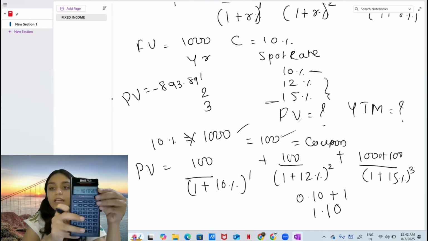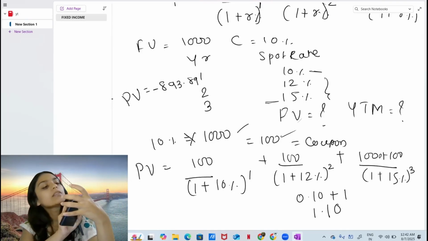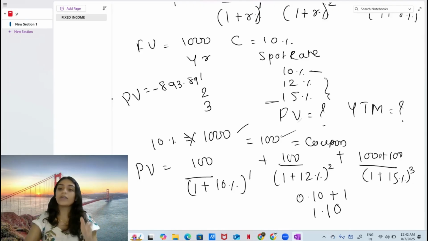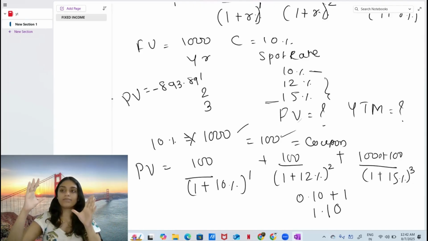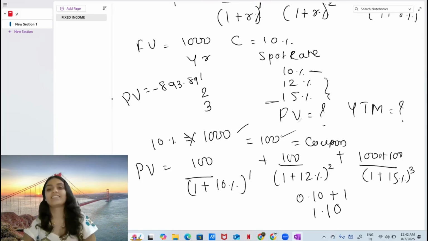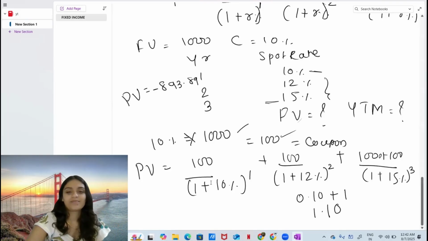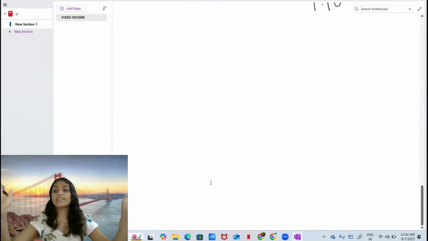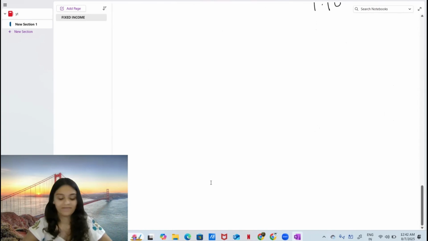Yeah, 14 point something 61 is your I/Y. This is how you calculate the price of the bond using spot rates and the YTM using the calculated present value, if that makes sense. So, yeah, this was one of the easiest parts of fixed income.